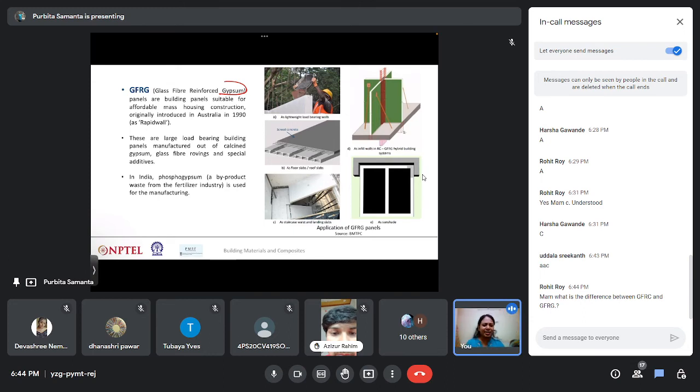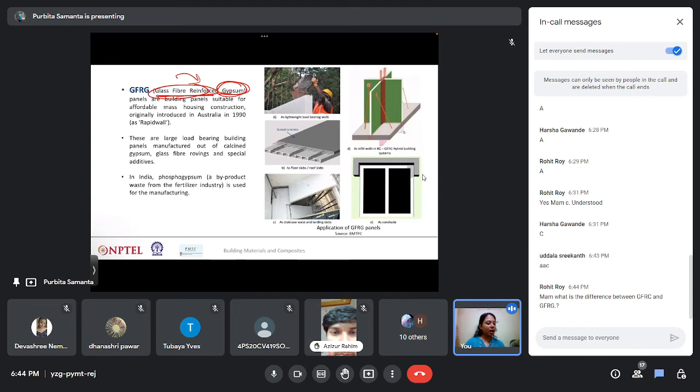Here you are using gypsum and reinforcing it with glass fiber, whereas GFRC is basically concrete, where you use glass fibers as reinforcement.